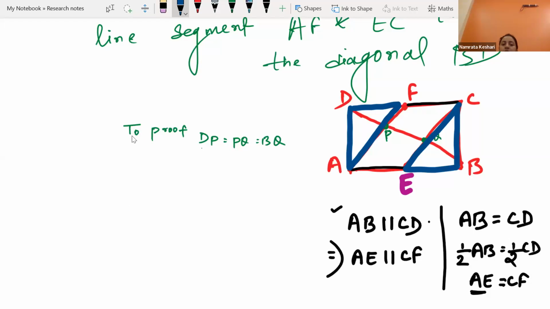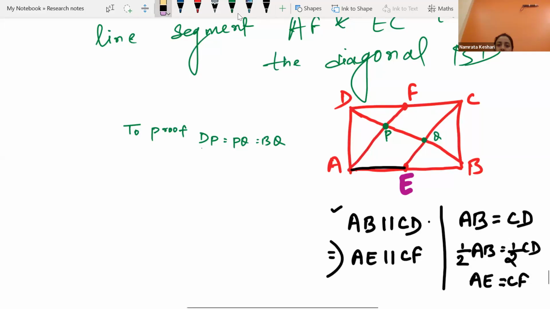So we can conclude that half of AB will be equal to half of DC. So AE will be equal to FC, which I marked as equation 2. So from equations 1 and 2, I get AE is parallel to FC and AE is equal to FC. So AECF is a parallelogram. Yeah, that's what we have proved over here.